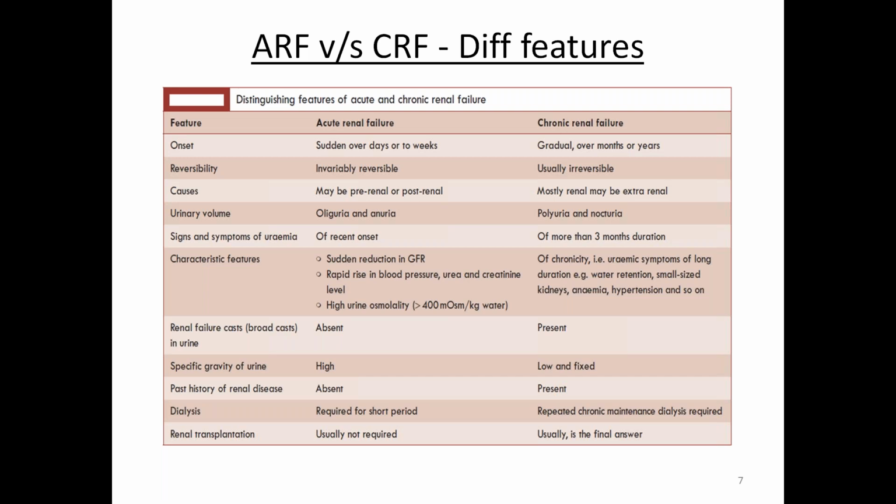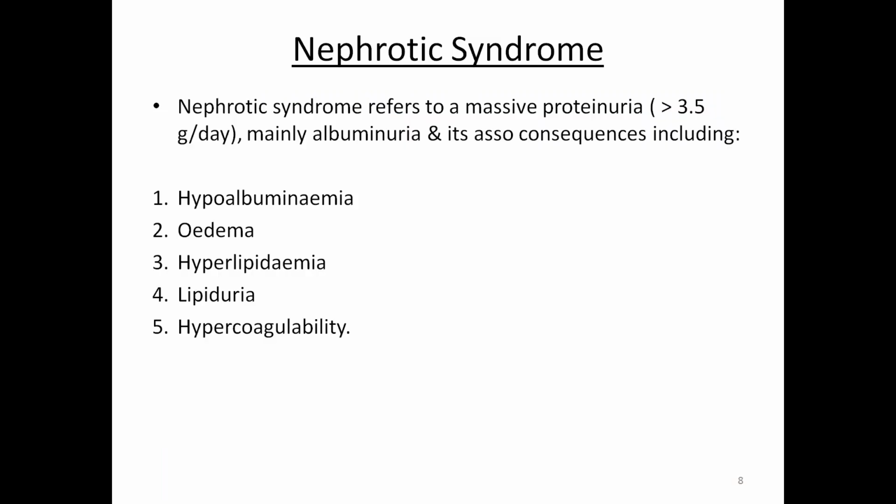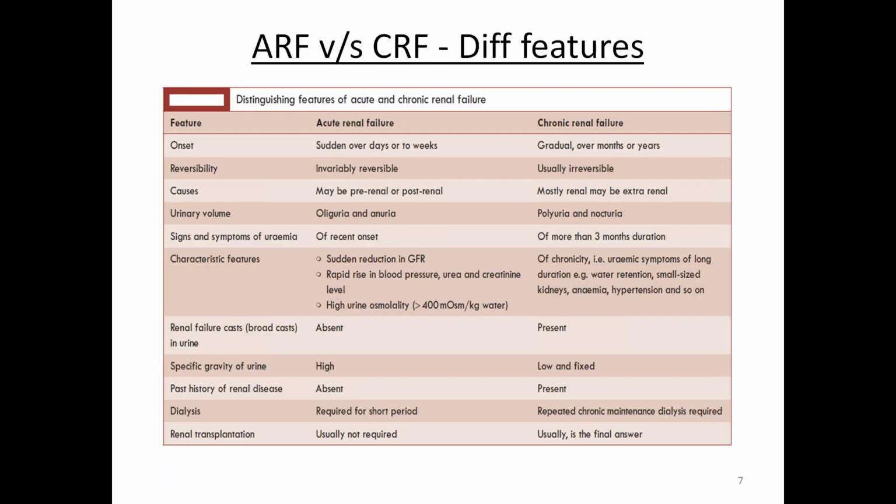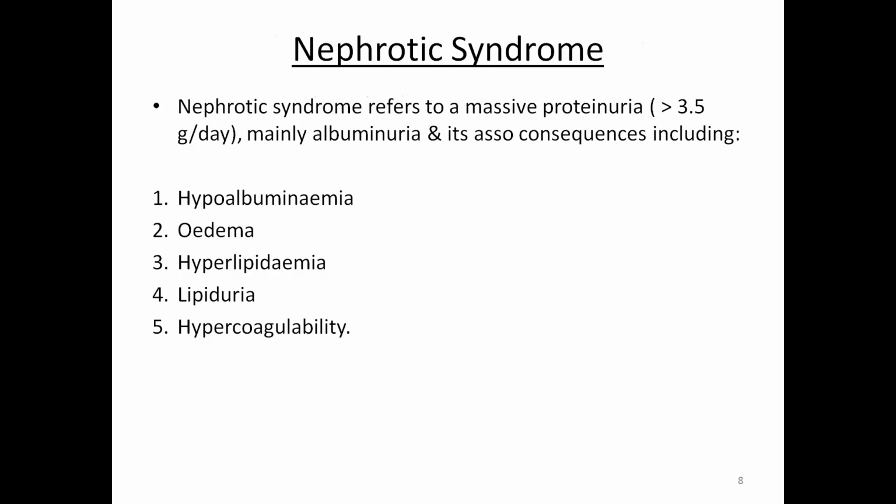And like I said, in ARF, one may not need any extreme measure like renal transplantation, but in case of CRF, it is often the last resort. We don't need to go further into these because this is something you will learn in detail when you learn more about pathologies of diseases.